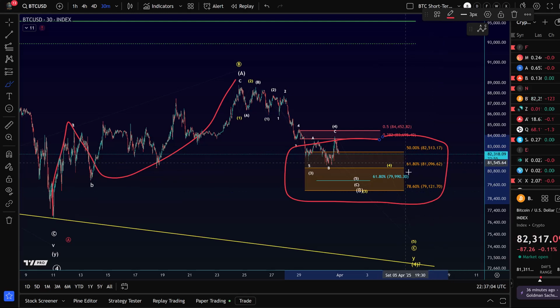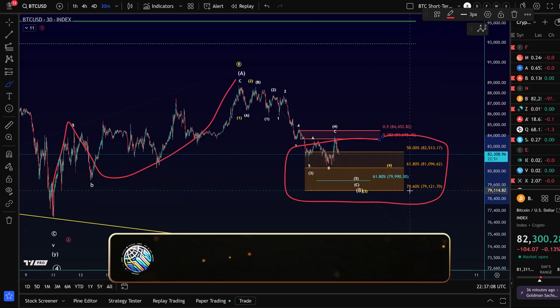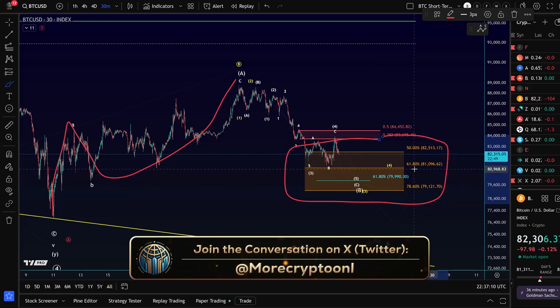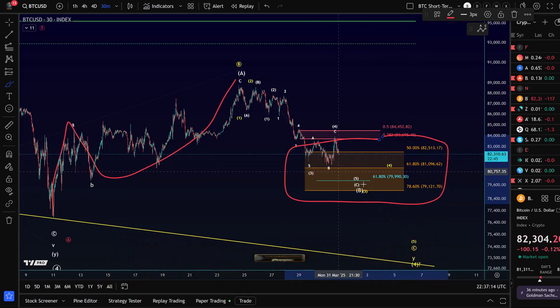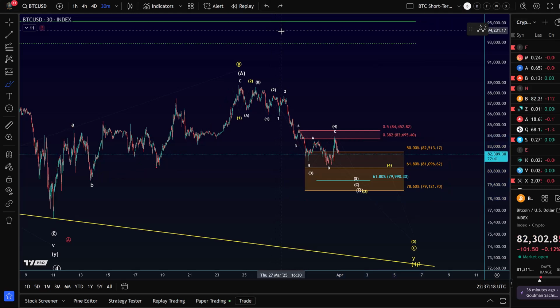It's this range between the 50% retracement and the 78.6 retracement, between 82.5k and 79k, standard support for a potential B wave, and we're simply watching if the price can generate a reversal from here. If the price can't turn around before breaking below 79.1k, then it's probably not the white count.